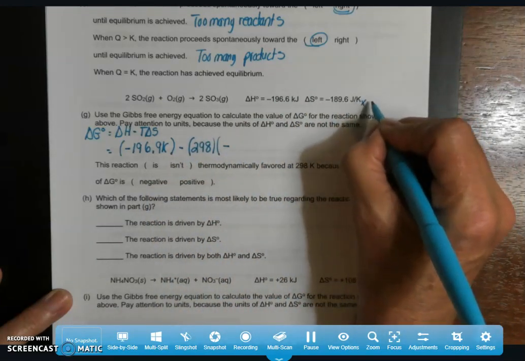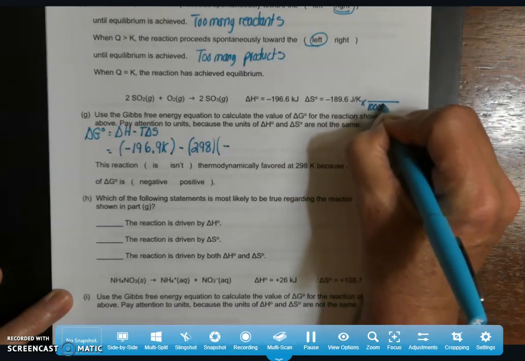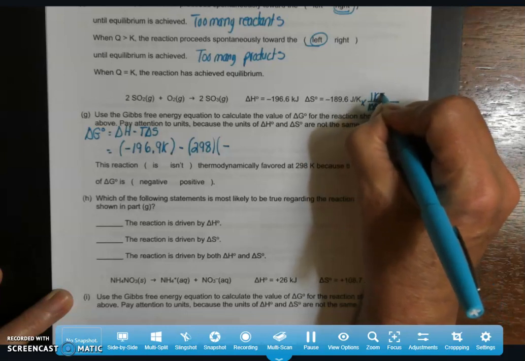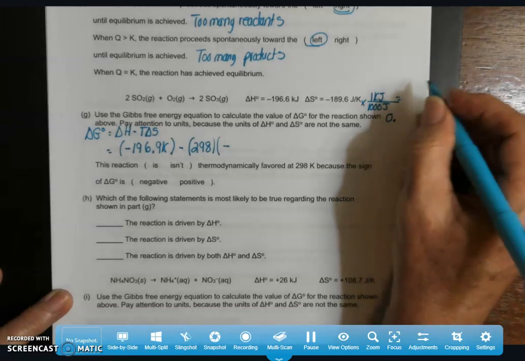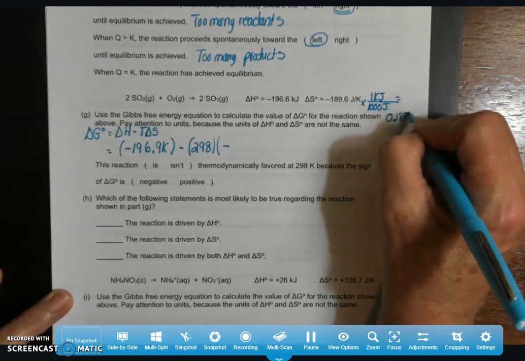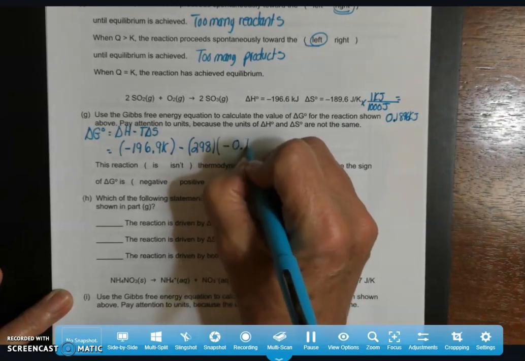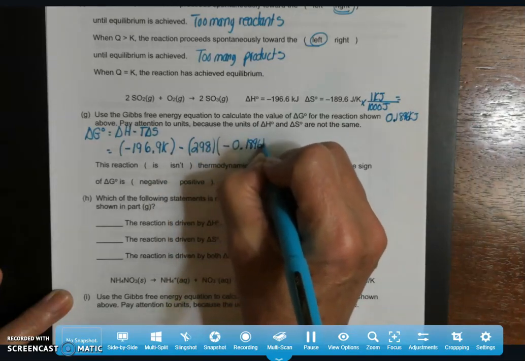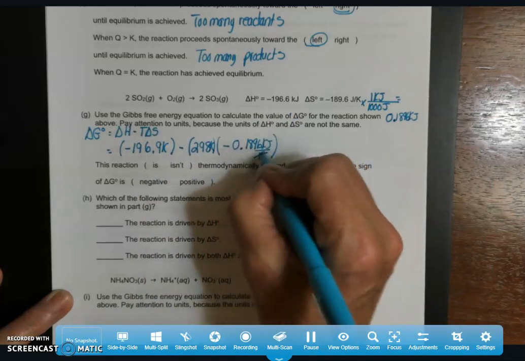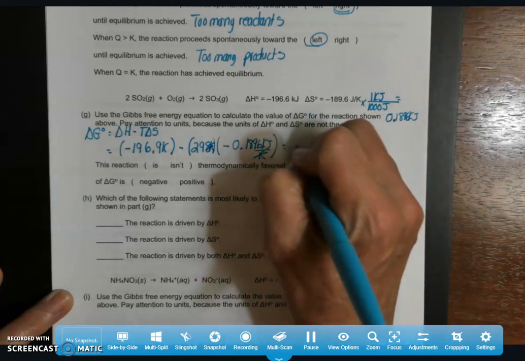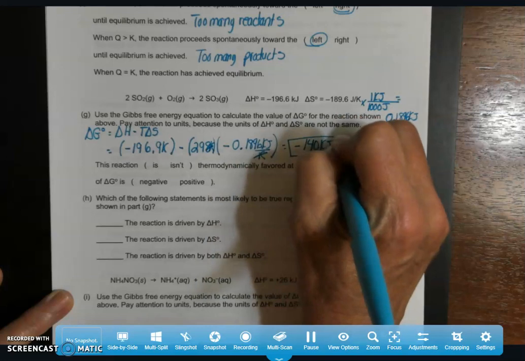Well, I need to convert this to kilojoules. So there are 1,000 joules in 1 kilojoule, which means this value is 0.1896 kilojoules per K. This is K, so my K's go away, and I get a negative 140 kilojoules.